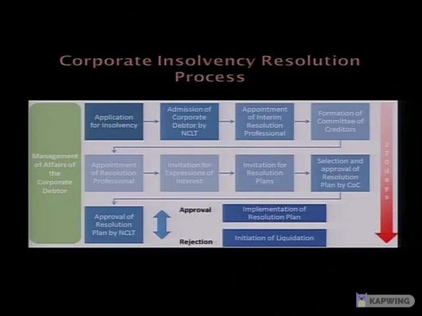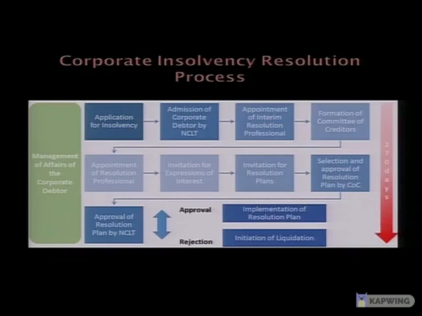Now, after this are very important aspects which we will be covering in detail, which is about the invitation for the expression of interest, the invitation for resolution plans, and then the selection and the approval of a resolution plan by the COC will happen, which the plan would get approved by the NCLT. If it does get approved, then that plan would be implemented. If it gets rejected, then there will be initiation of liquidation.